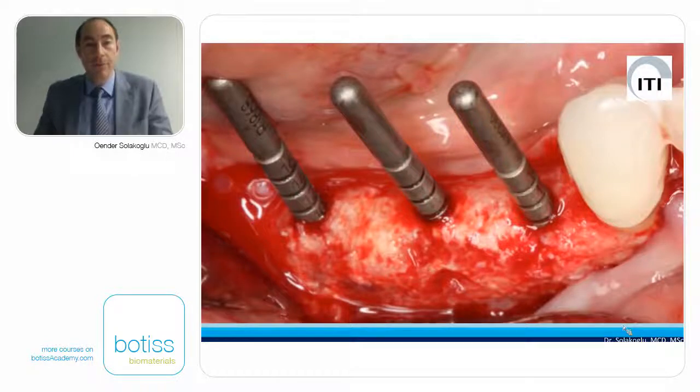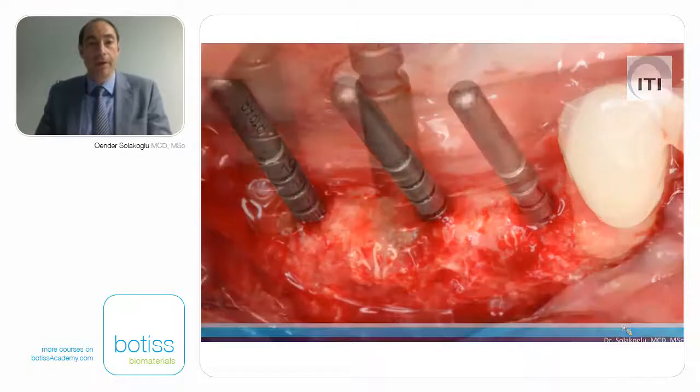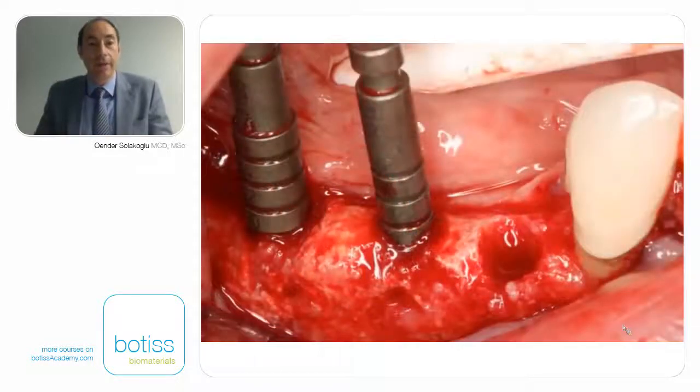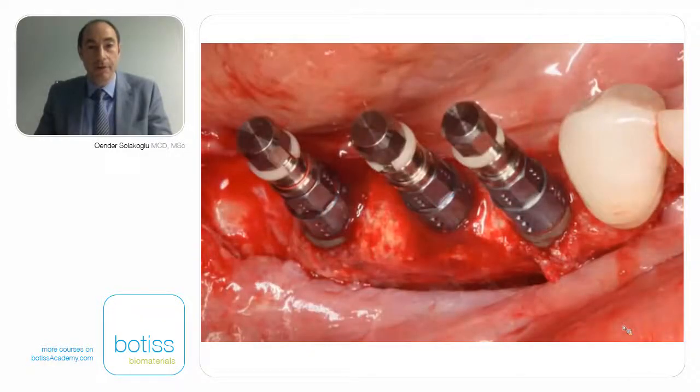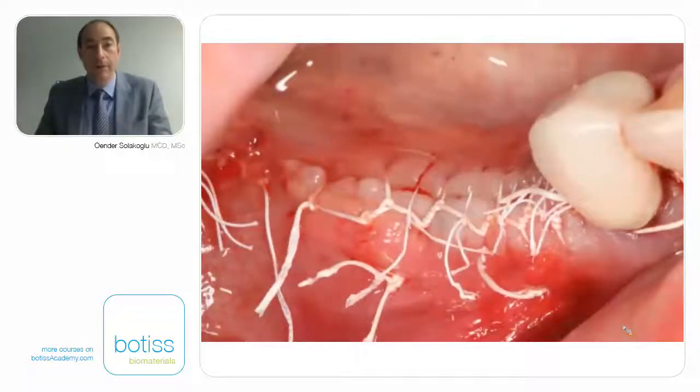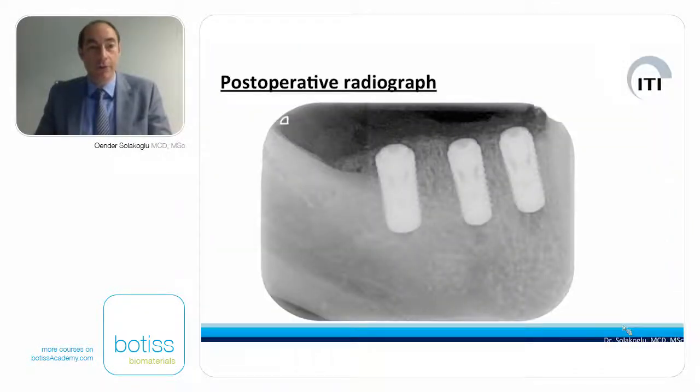Then, of course, we removed the fixation screws and prepared for the implants. And you can again appreciate the nice vascularization of this bone block. You can see the bleeding, and it's very fresh and very nice bone tissue. And this is the situation after placement of the implant, and of course, again, achieving primary closure.